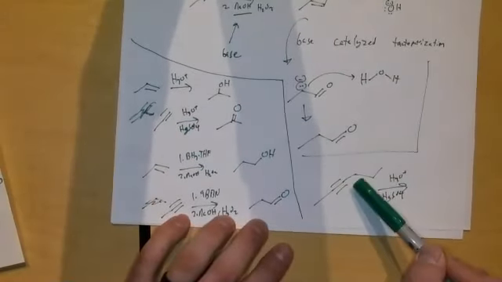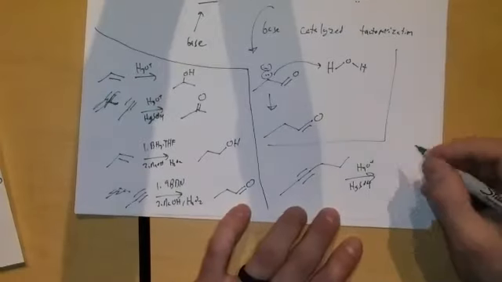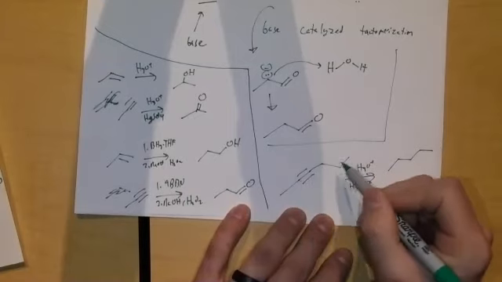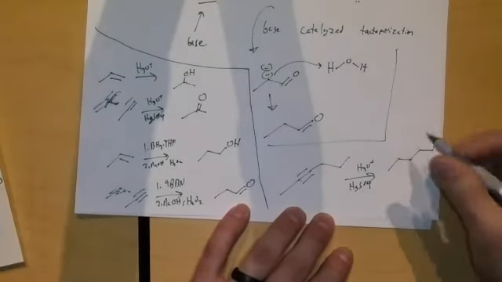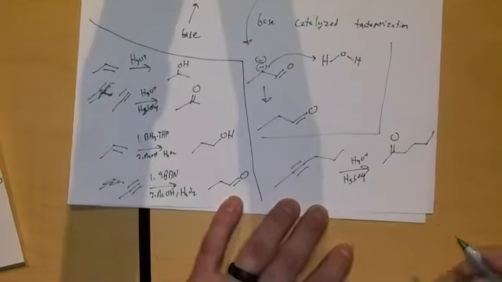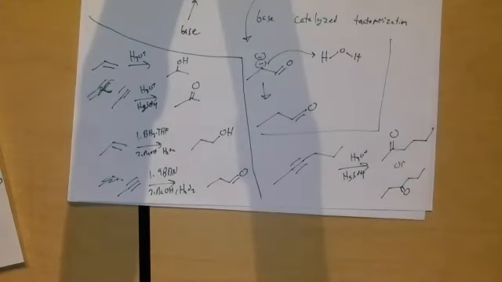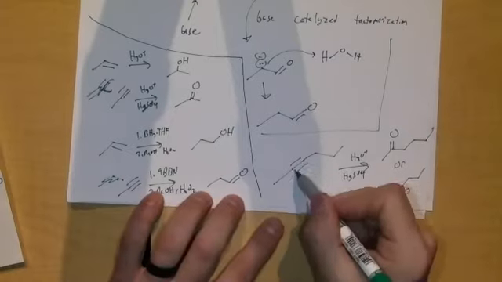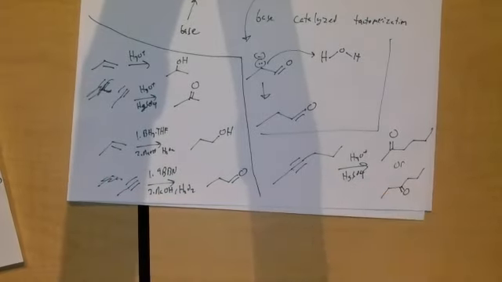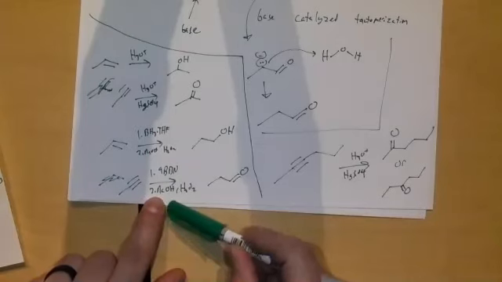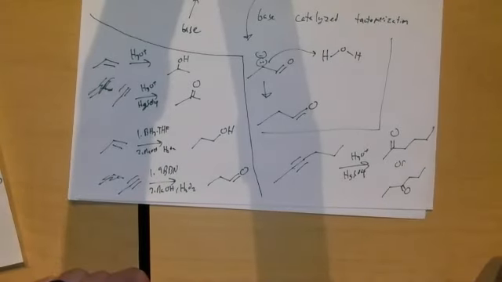For this one here, there's not really any selectivity between the two of them, so you can make either this ketone or this ketone. It's not going to be selective for either of them because these are essentially the same in solution. There's no reason why you would pick one of them over the other. It's not like a Markovnikov point here. And technically the same thing with this one. If you use this reagent, you would also get the same products there.